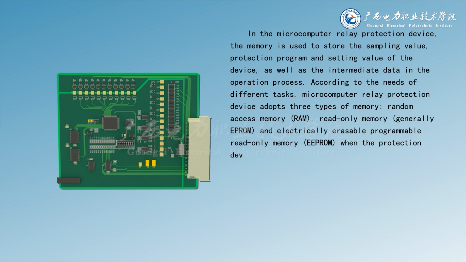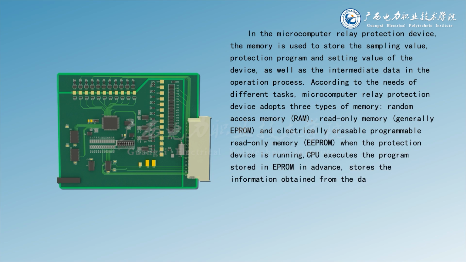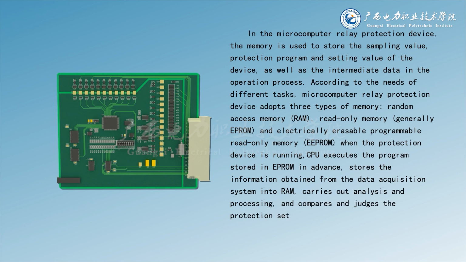When the protection device is running, the CPU executes the program stored in EPROM in advance, stores the information obtained from the data acquisition system into RAM, carries out analysis and processing, and compares and judges the protection setting values in EPROM, so as to realize various relay protection functions.